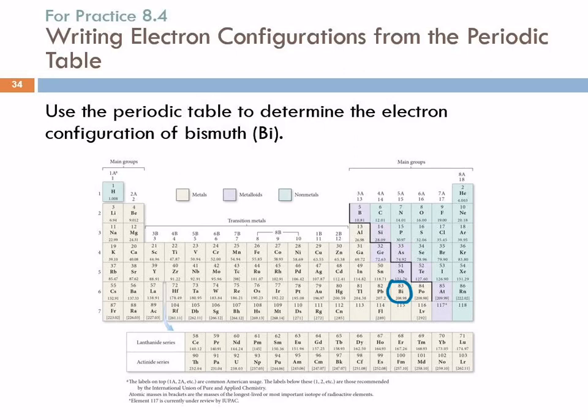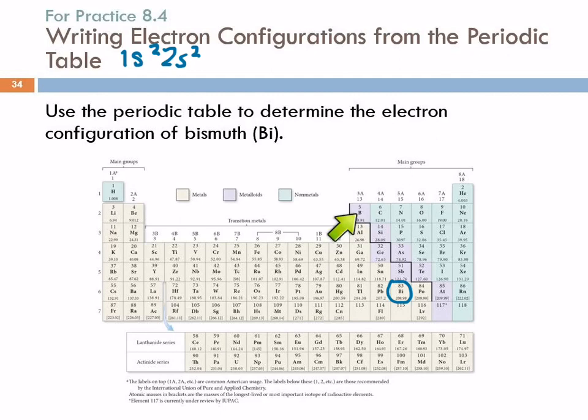Okay, so this doesn't say full electron configuration or noble gas shorthand, but we need some practice, so we're going to do the full business. So we're going to start up here. 1s2. I didn't leave myself anywhere to write the answer. 1s2, and then this is 2s2.